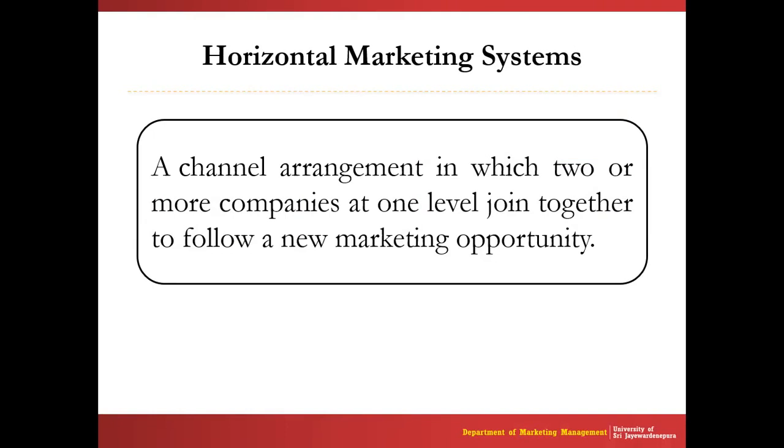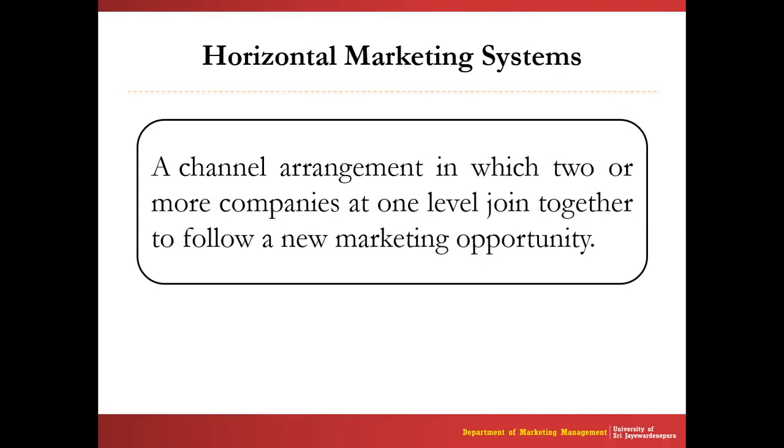Horizontal marketing systems can be seen in the spare part industry most of the time. When your automobile gets damaged, there is a system for auto parts, right? So that is a horizontal marketing system. If you have experience in the automobile industry, most of the time a horizontal marketing system prevails.